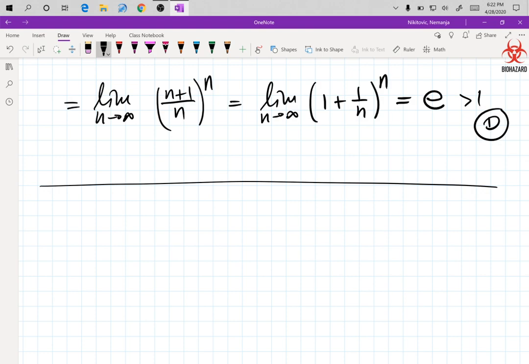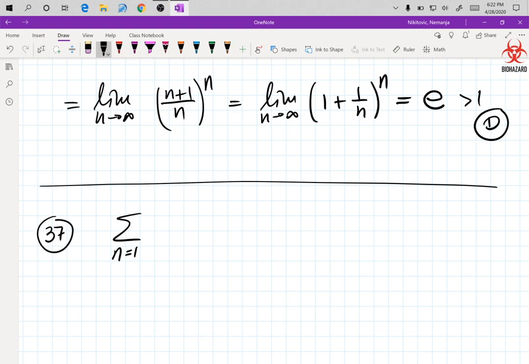So let's take a look at a problem. Let's do a problem that has factorials, because that's what you have the problems with. So let's start with 37.